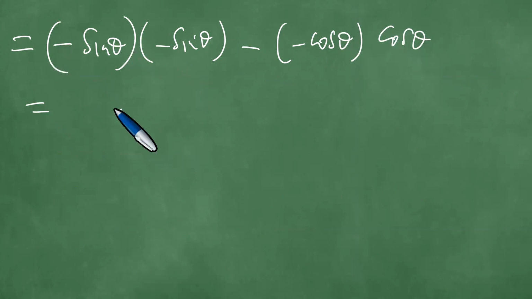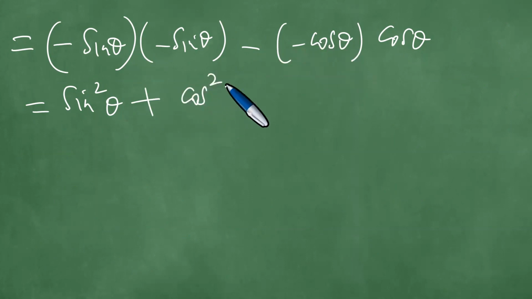What is negative by negative? It's positive. Sine by sine is sine squared theta, plus, negative by negative is plus, cosine squared theta. What is sine squared theta plus cosine squared theta? Anyone? It is 1. Well done.